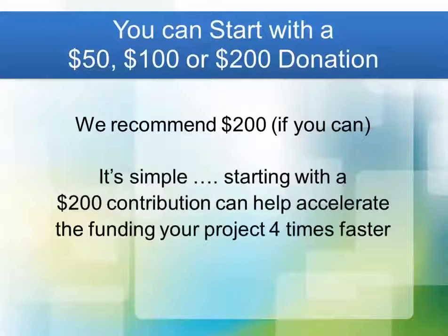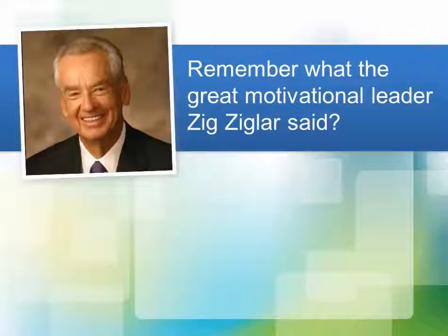And it's simple. Starting with a $200 contribution can help accelerate the funding of your project literally 4 times faster. And the reason is very simple. People tend to do what you do, and if your community are all sharing $50 donations, it literally takes 4 times as many people to reach the funding that you get when each person does 200. So we strongly recommend going with the 200 if you can.